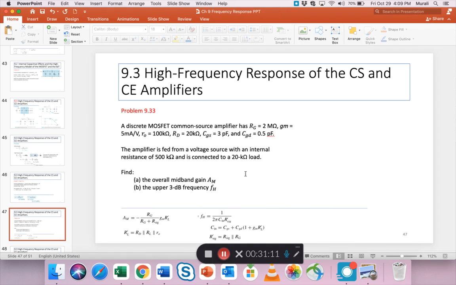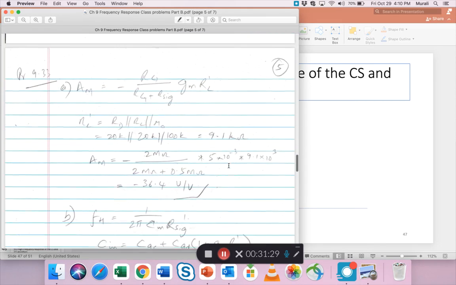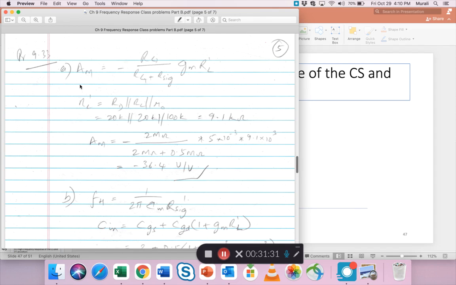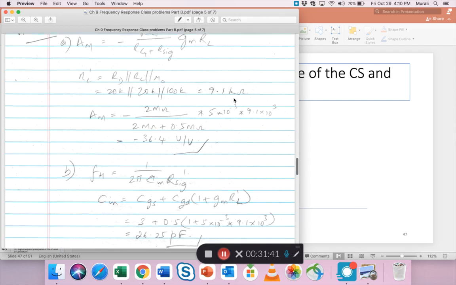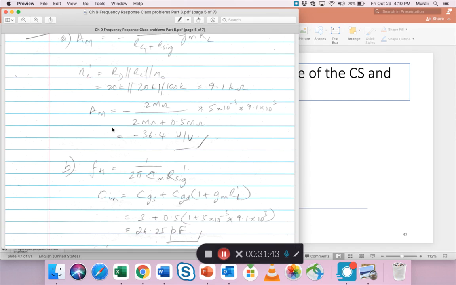Oh, there is a load resistor of 20K. The source has an internal resistance Rsig of 500K. CGS is given, CGD is given. Absolutely straightforward, easy, I think. Let's see if that's how it went. AM is this formula, RL is this formula. So you apply the parallel combination of three resistors, and you get this 9.1 as RL prime.